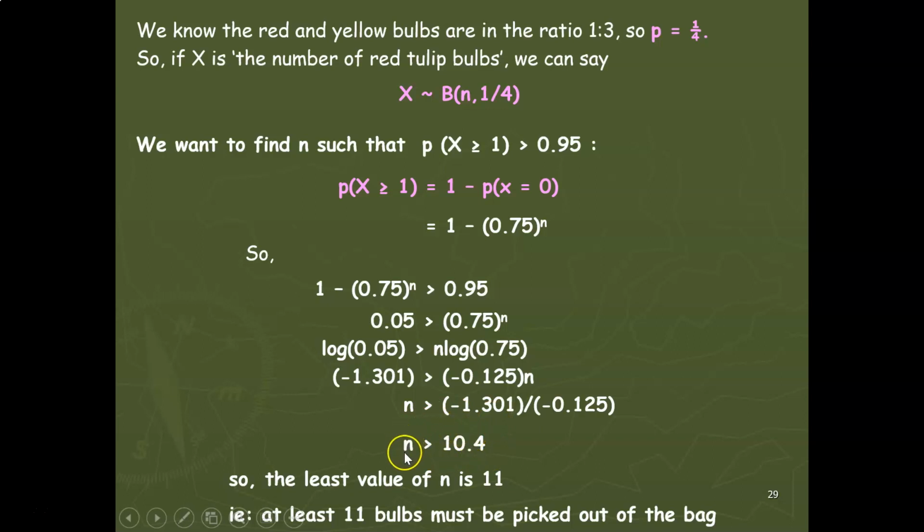Remember, we cannot have n in decimal form. So you need to round up your value of n. So the least value of n is 11. So 10.4, the closest one is 11, round up. In other words, at least 11 bulbs must be picked out of the bag.